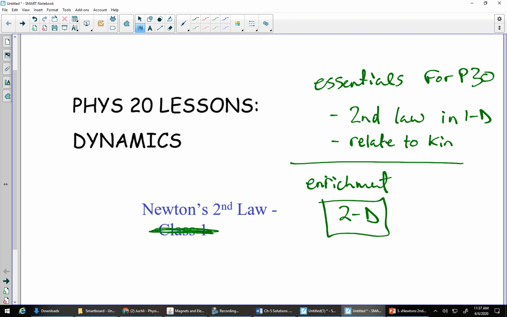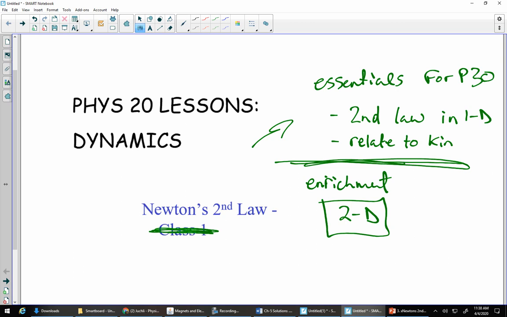That being said, this particular part of 2D stuff, less so. So I hope that makes sense. If you have questions, obviously just send me an email or over Google Classroom is great. But we're going to focus for the most part on second law in one dimension and also relating to kinematics.